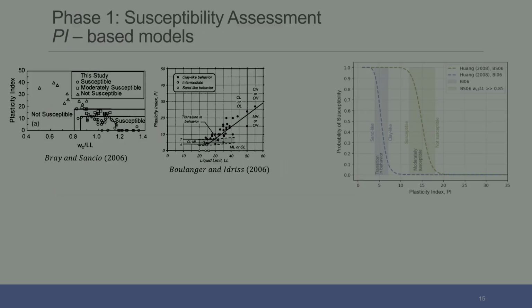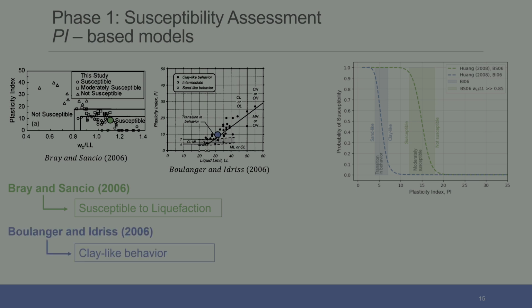Let's apply the logic tree framework. As the first phase, we selected both of the models. We are going to evaluate based on Bray-Sancio and Boulanger-Idriss. If you enter these models with a PI of 10, Bray-Sancio will result in susceptible to liquefaction. Since it is deterministic, there is no probability there.